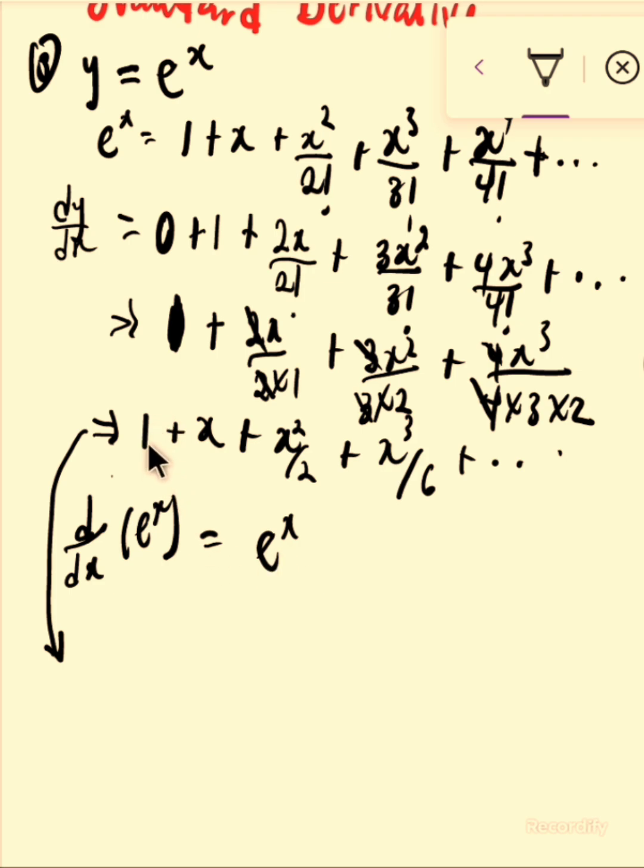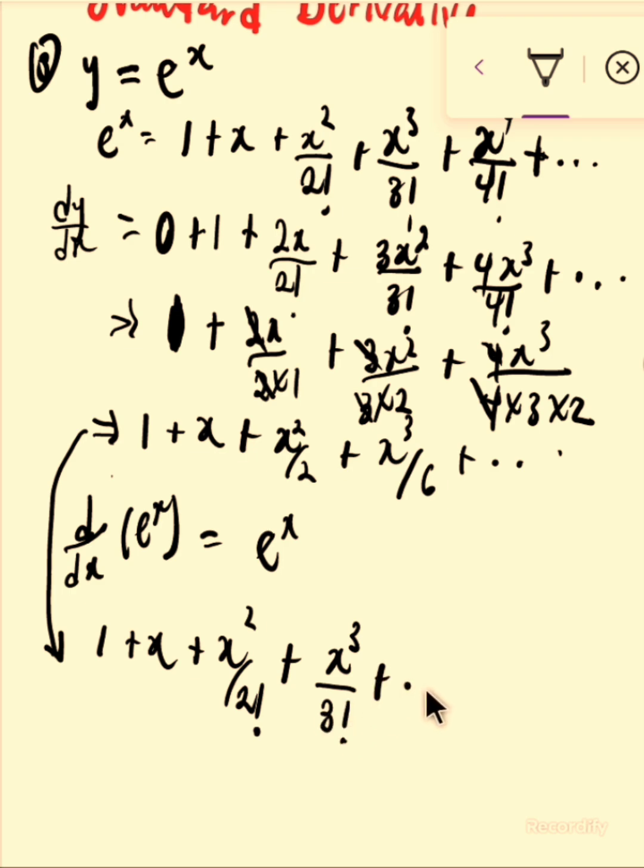After differentiating this function, this is what we are having here. So I'm having 1 plus x, and then x to the power of 2 can be rewritten as x to the power of 2 over 2 factorial, that's 2 multiplied by 1, which is the same thing as 2, plus x to the power of 3 over 6. This can be rewritten as 3 factorial, 3 multiplied by 2 multiplied by 1, that's the same thing as 6, plus dot dot dot.